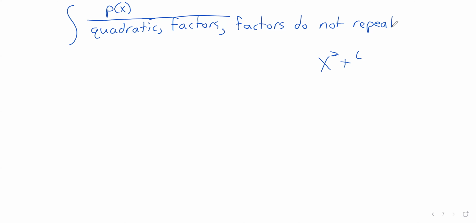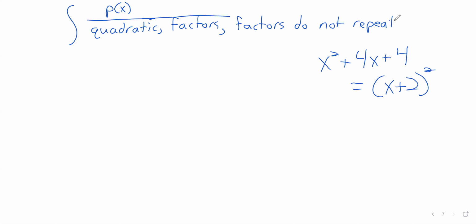x squared plus 4x plus 4, that does factor, but it factors in a kind of special way where we have the same term appearing twice, x plus 2 squared.